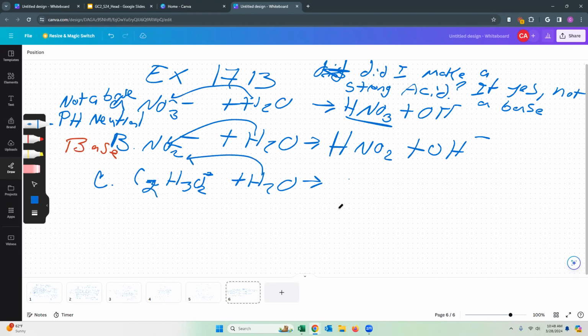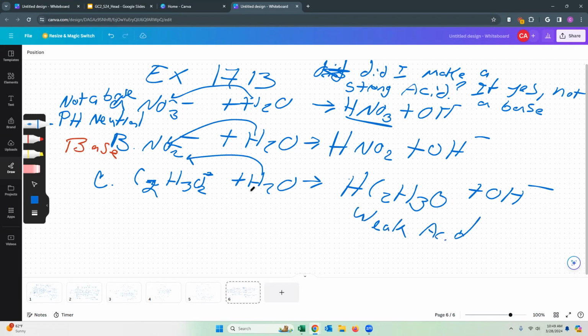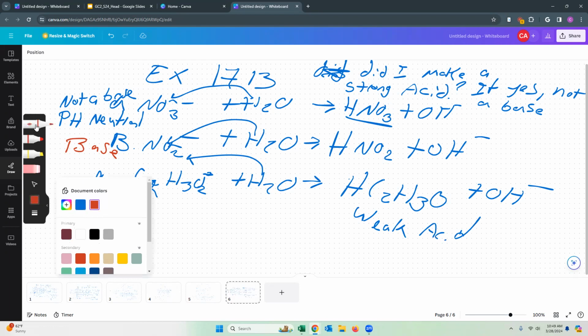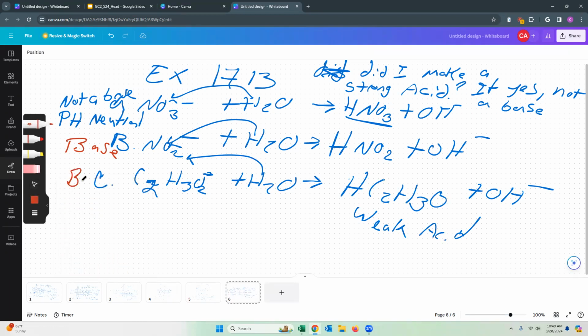It was supposed to be a 2 minus. So you make HC2H3O2. And you ask yourself, is this a strong acid? It's not. Excuse me. So this is a weak acid. That means what we did create is a base. Okay.